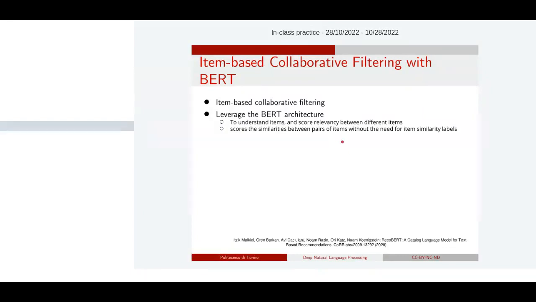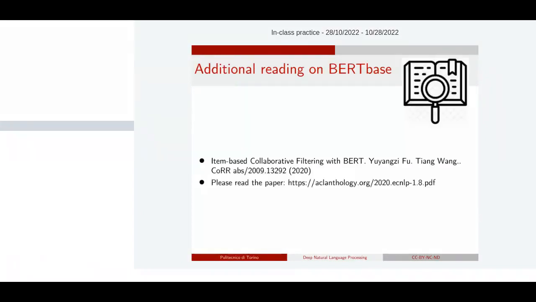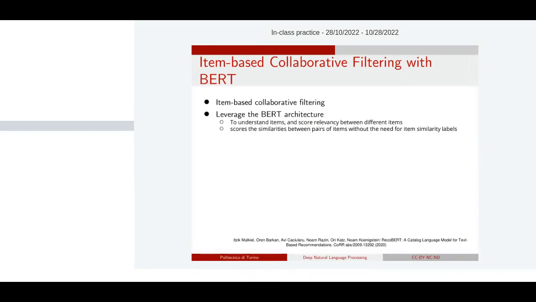You can compare the items in terms of full text content, and of course you need to split the content of the text into parts, because the entire full text often does not fit into the maximum token size, which is 512.